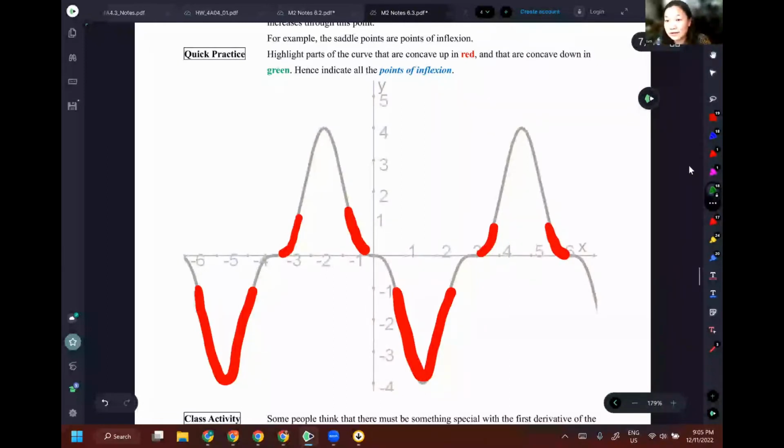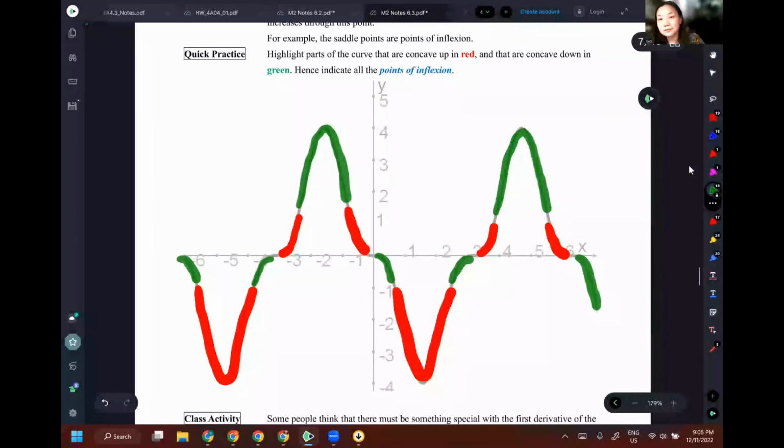The concave down part, concave down. Down. So the points of inflection are here. There's 1, 2, 3, 4, 5, 6, 7, 8, 9, 10, 11, 12.